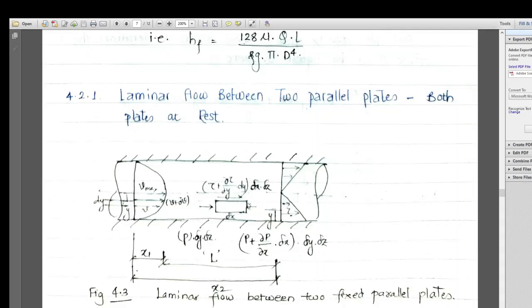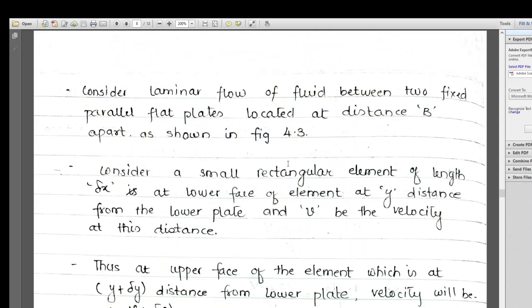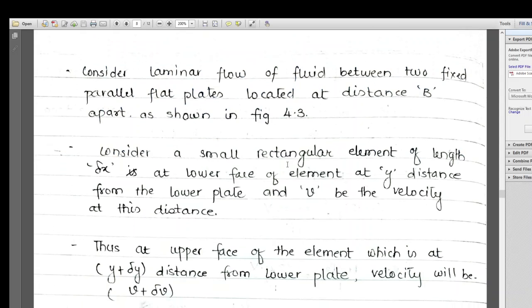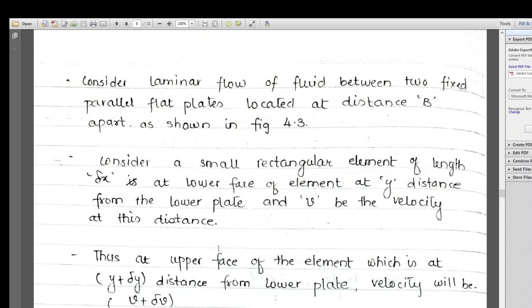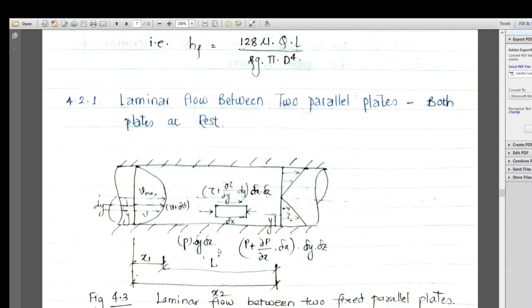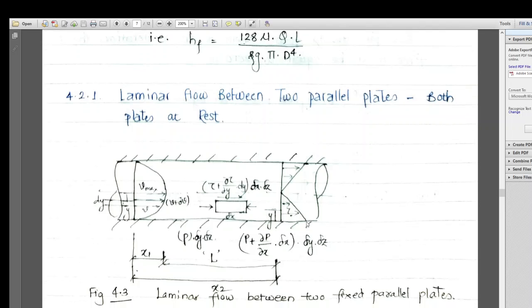So for the upper part, which is closer to the upper plate, the velocity will be v plus delta v, and the distance from the lower plate will be y plus delta y. So the distance of this face will be y plus delta y from the lower plate. Clear?